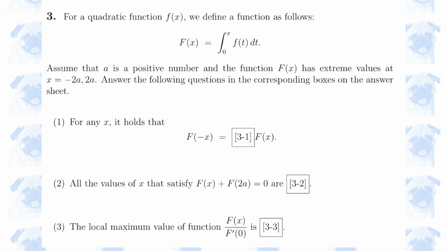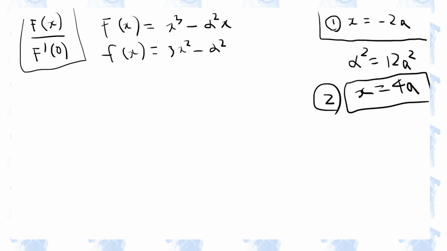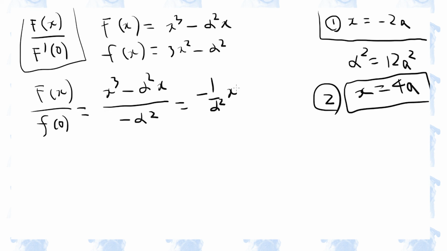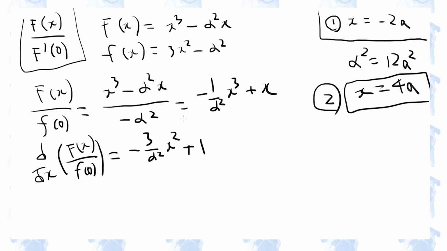Section 3, Part 3. In this question, we need to find the local maximum value of function f of x over f dash of 0. Let's simply substitute these values. We need to differentiate this function with respect to x, and let this be equal to 0.